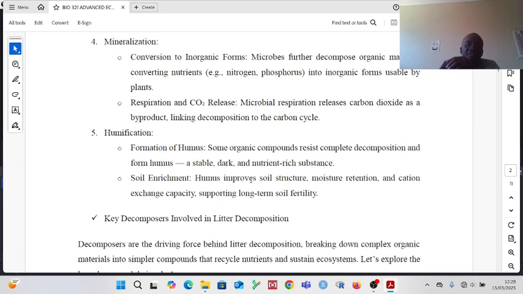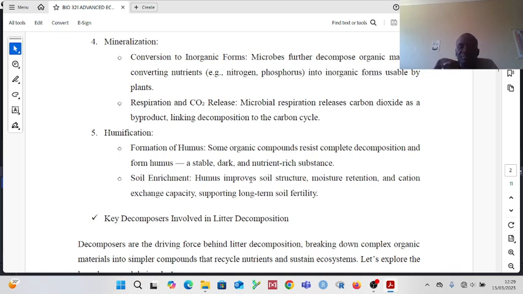Then humification, which is the formation of humus. Some organic compounds will resist complete decomposition, okay? And they will form humus. Humus is a stable, dark, nutrient-rich substance. What humus does is improve the soil structure.